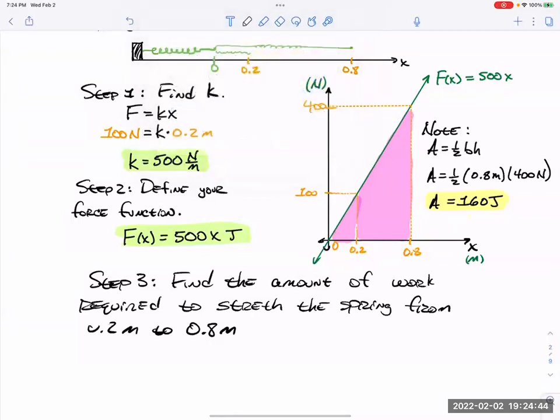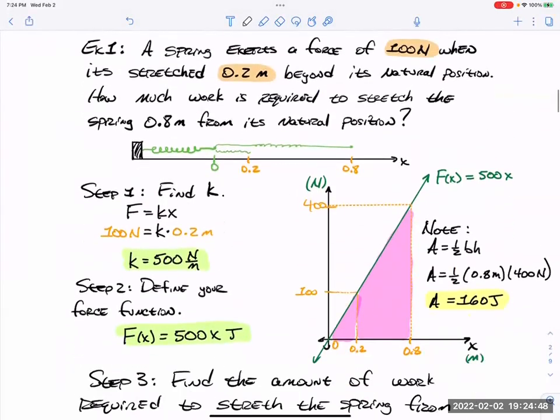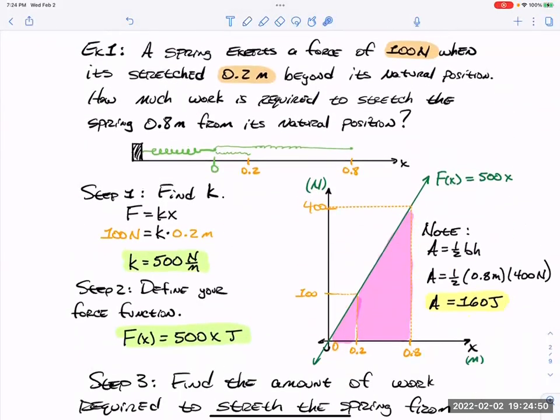This right here shouldn't be 0.2. Let's go back to the problem. It said, how much work is required to stretch the spring 0.8 meters from its natural position, from 0 to 0.8? So we want this entire area.